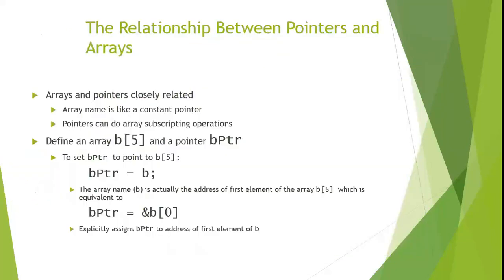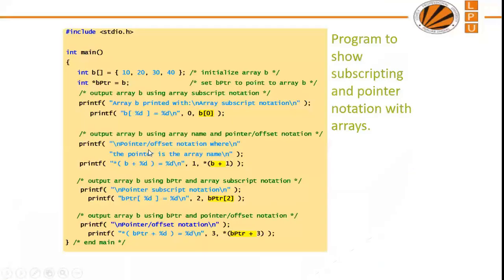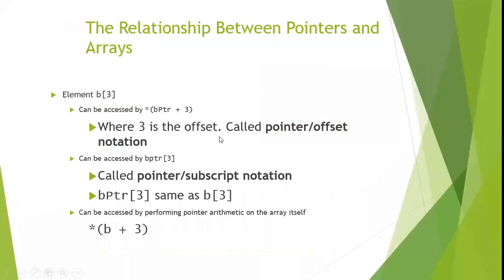Right. Next is the relationship between pointers and arrays. This is all we have done also, just in the previous slides. Element b[3] we can also access. If we write b[3], it will give me the value at index 3, right?